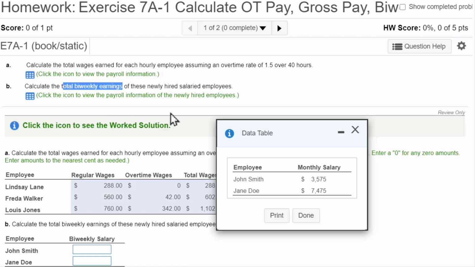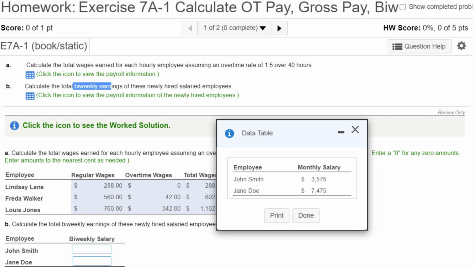When you get hired as a salaried person, they often will give you a monthly rate or an annual rate. But that doesn't mean you're paid monthly or paid annually. That's just what they tell you when they have the job posting or the job offer. So these people are actually being paid bi-weekly.